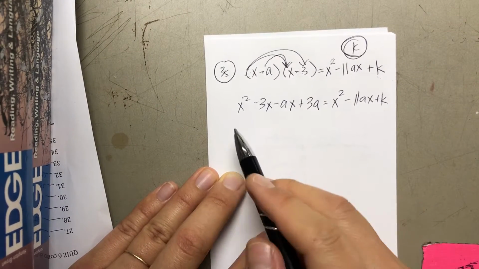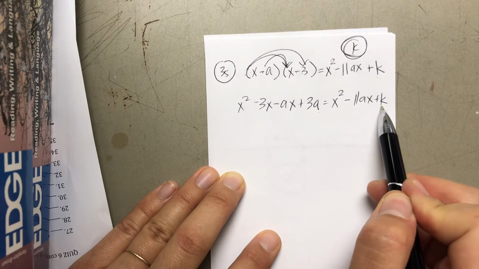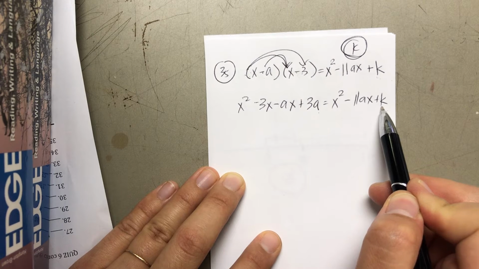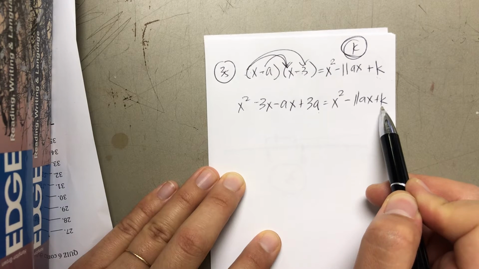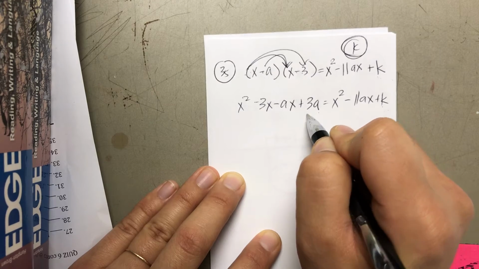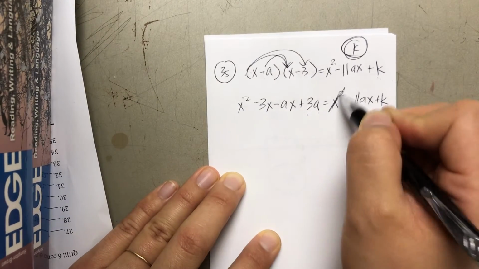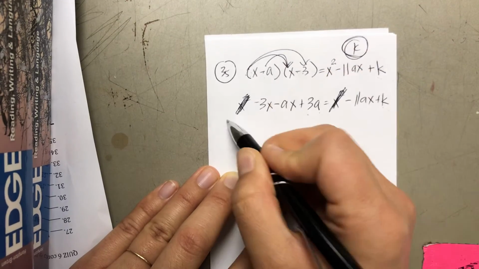All right, so if this side equals this side, and we're trying to solve for k, what I want you guys to see is this. X squared we could cross out, because we have it on this side and on this side.